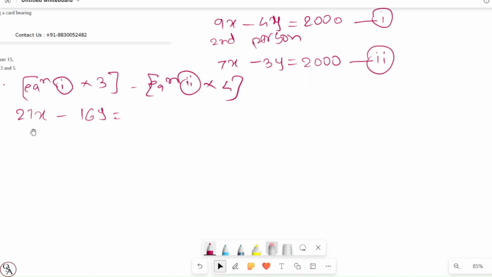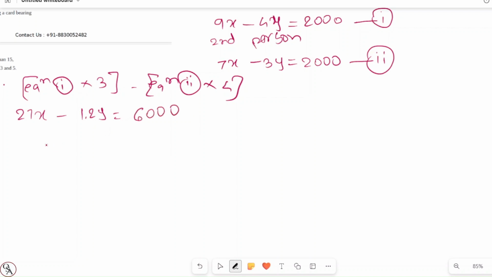Yes, it should be 12. For the first equation, 9 3s are 27, 4 3s are 12, and 3 2s are 6000 here.